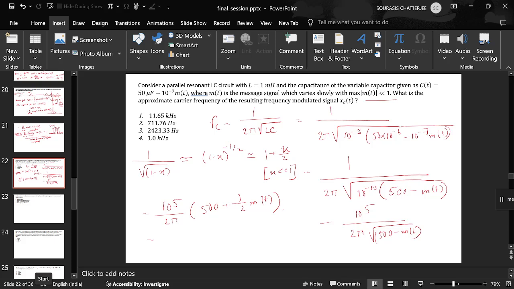Okay, did I do something wrong here? The approximate carrier frequency, 50 microfarad. So this part is anyway insignificant, so we can consider it approximately 0.